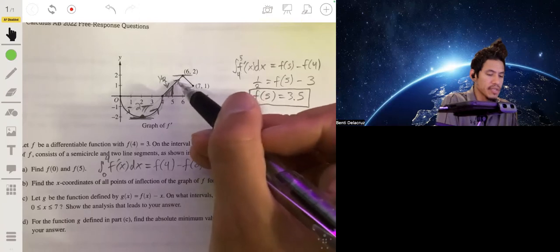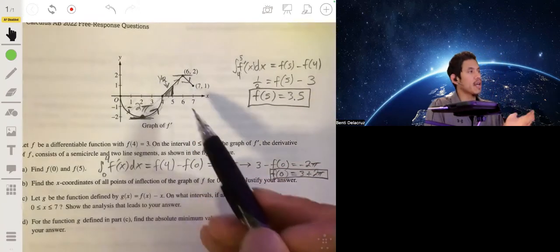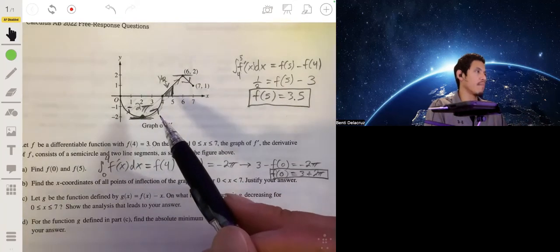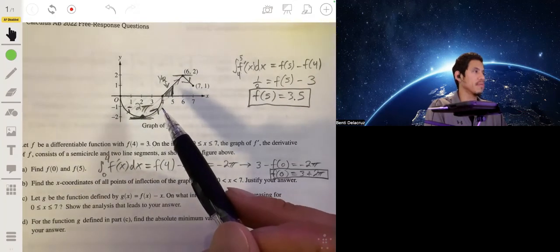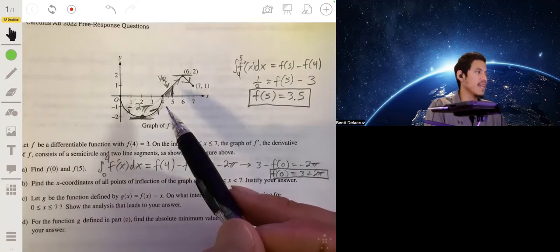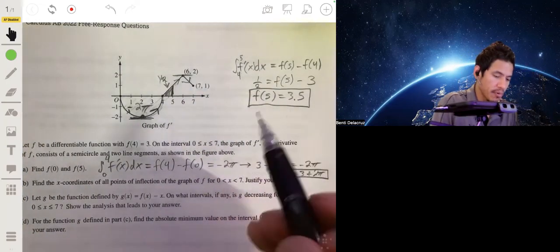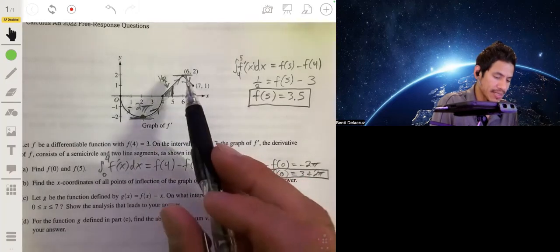Then it goes from increasing to decreasing. Remember, it's where the first derivative changes from increasing to decreasing, or decreasing to increasing, positive to negative or negative to positive. So our inflection points are at 2 and 6.